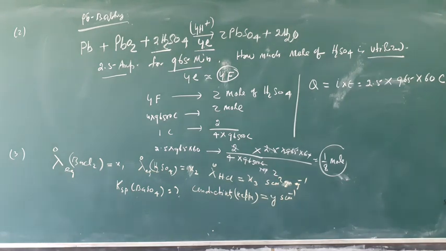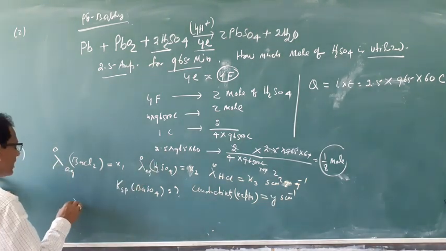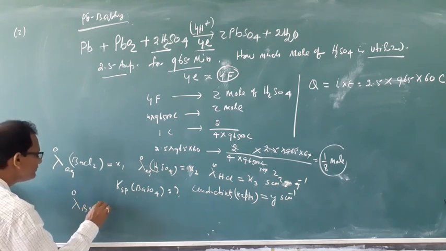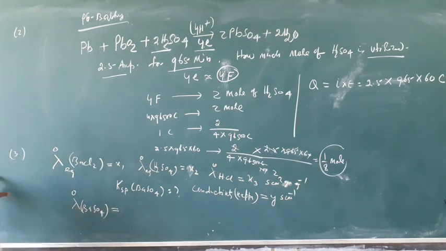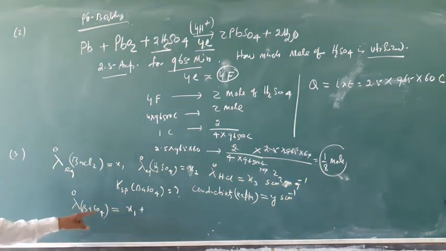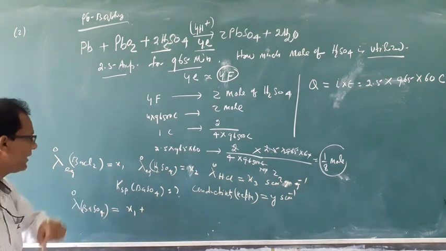We first know the lambda equivalent of barium sulfate at infinite dilution. You see which salt will be added and which will be subtracted. As barium is present here, X1 will be considered. Then sulfate means it is required.